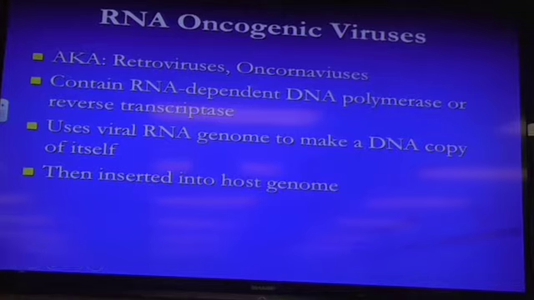So these contain RNA-dependent DNA polymerase or reverse transcriptase to allow the RNA virus to incorporate itself into the DNA genome. So it uses the viral RNA genome to make a DNA copy of the cell, and then it goes into the DNA just like the DNA virus.